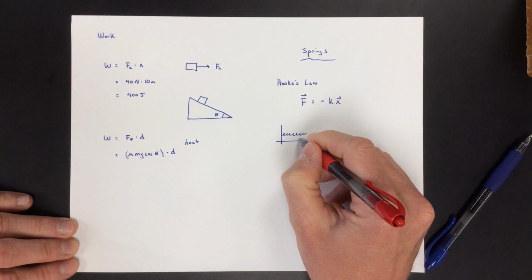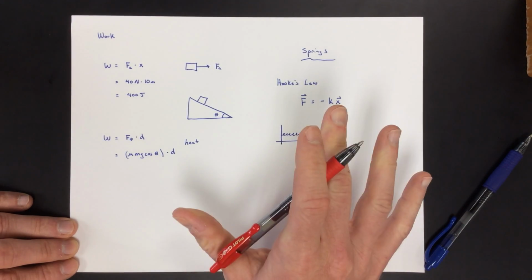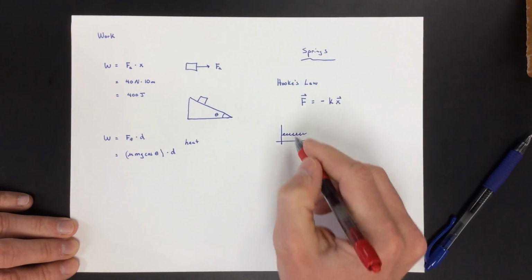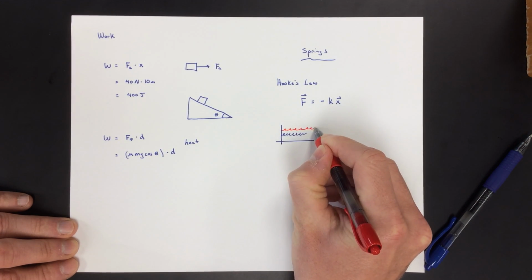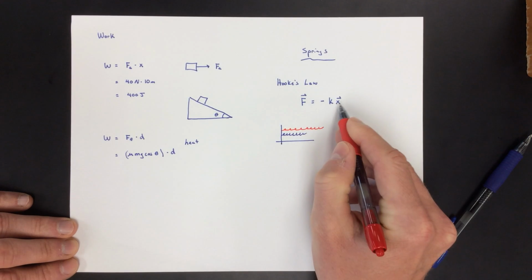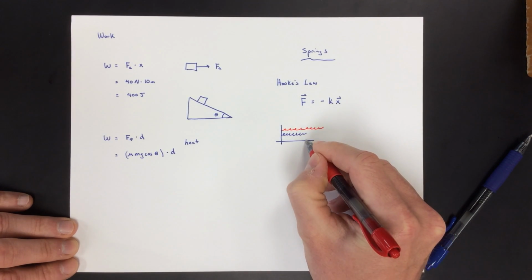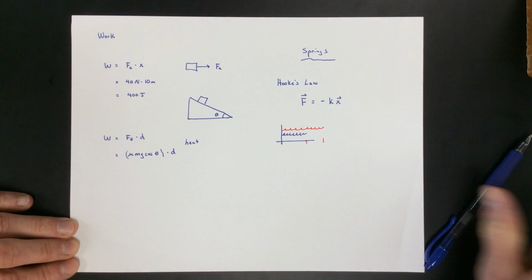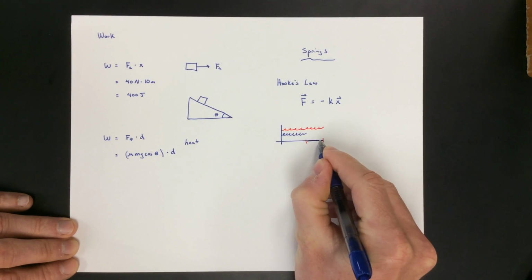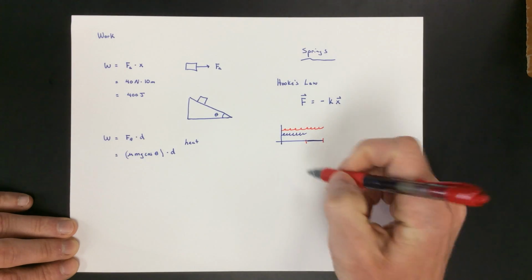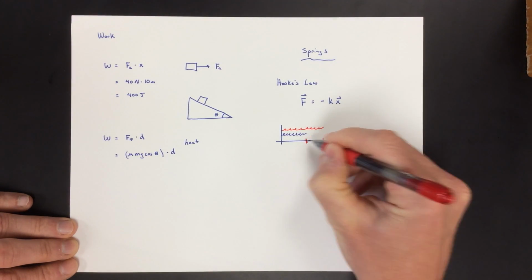If that's the natural length of the spring, nothing's happening, that's just how long the spring is. Then you stretch it to there, and x is how far you've displaced it from its equilibrium position. So this distance right here would be x. That's how much you stretched it from its natural length.